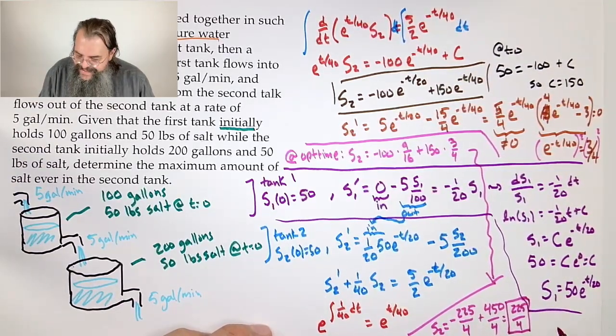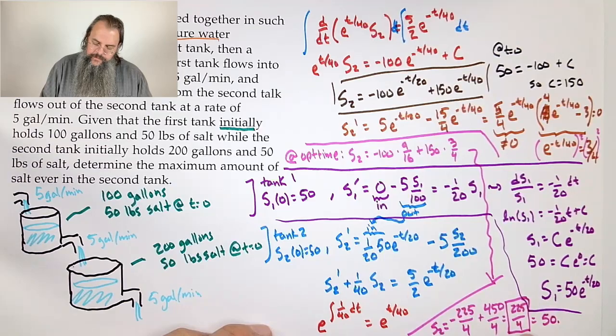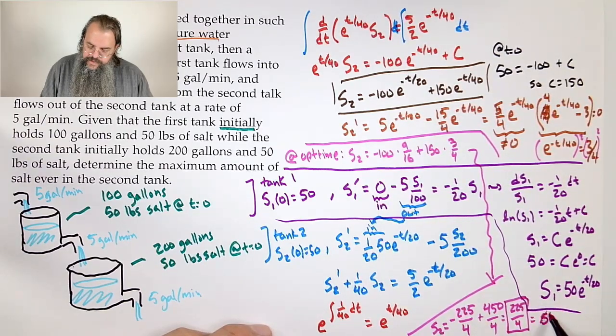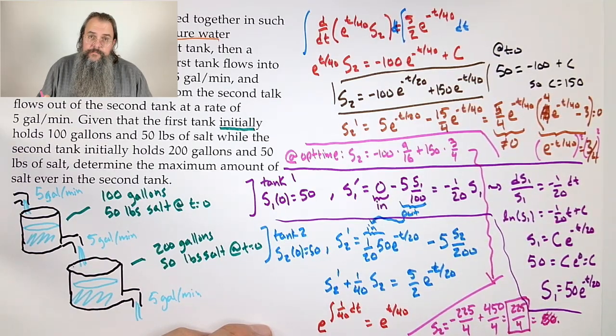That's it. In case you're wondering, in terms of decimals, that is 50 point, not 50, 4 into 200 is 50, and then you can do a little bit more.